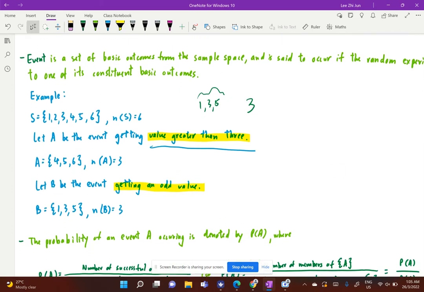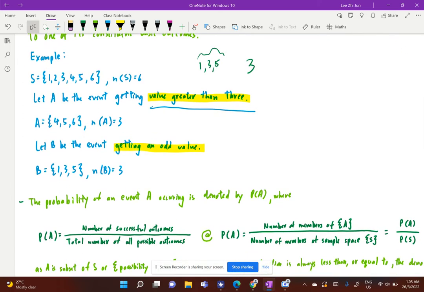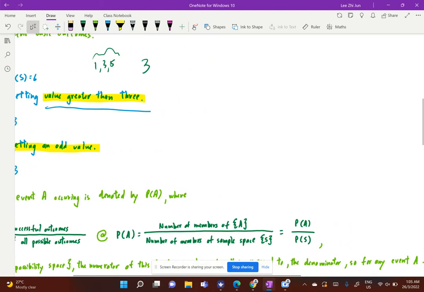The probability of an event A occurring is denoted by P(A), where P(A) is the number of successful outcomes divided by the total number of all possible outcomes, or the number of members of A divided by the number of members of the sample space, or n(A) divided by n(S).